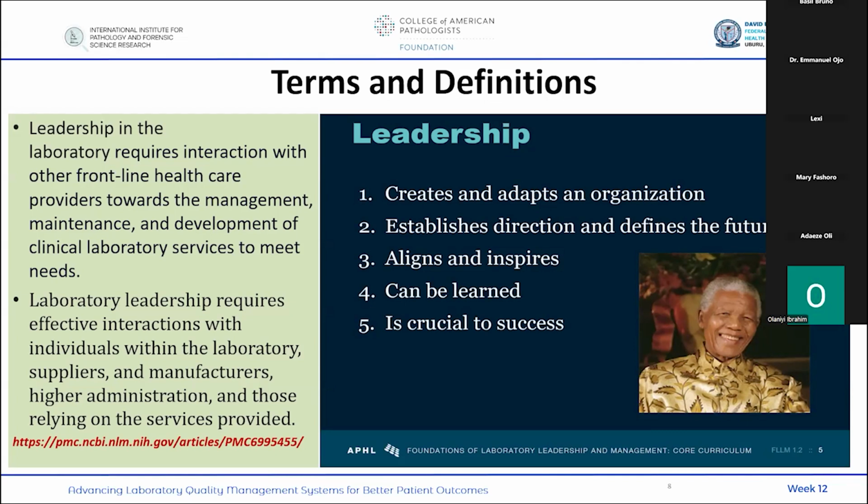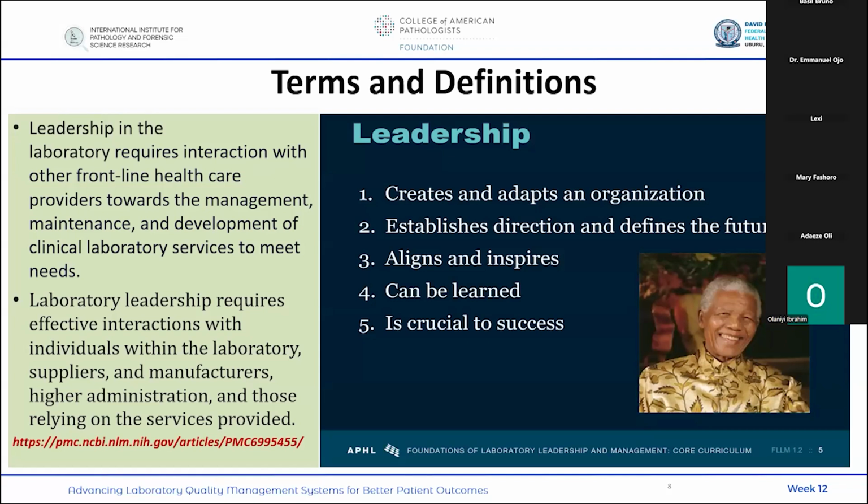So I took this leadership definition, or the attributes of leadership, what is expected concerning leadership, from this training curriculum by APHL, Foundations of Laboratory Leadership and Management. So it says that for leadership, it is expected that you create and innovate things that are not there before and things that are there but need a kind of innovation.